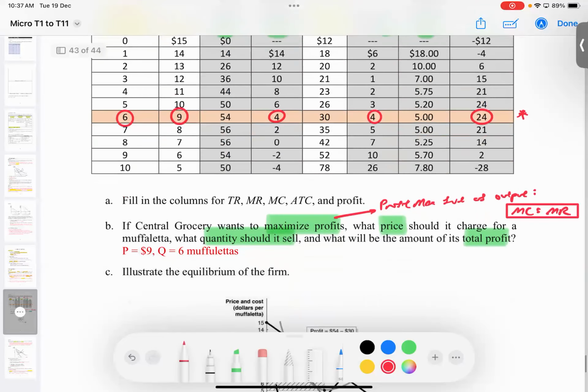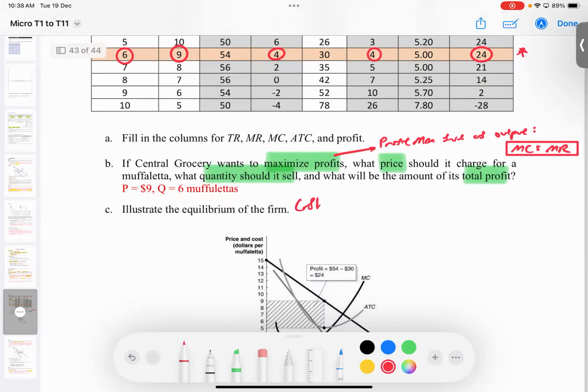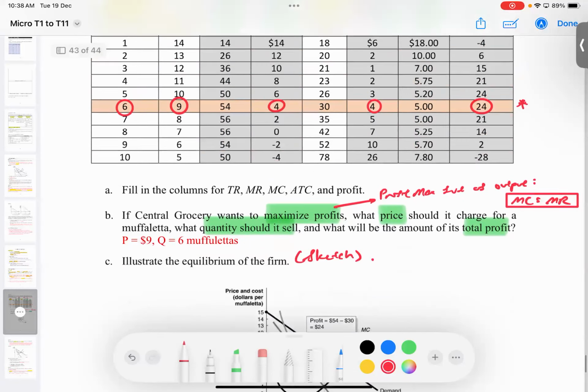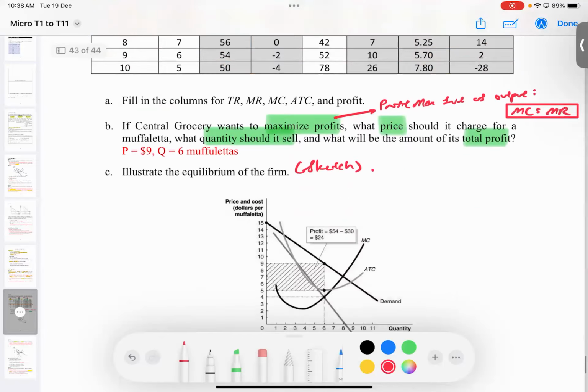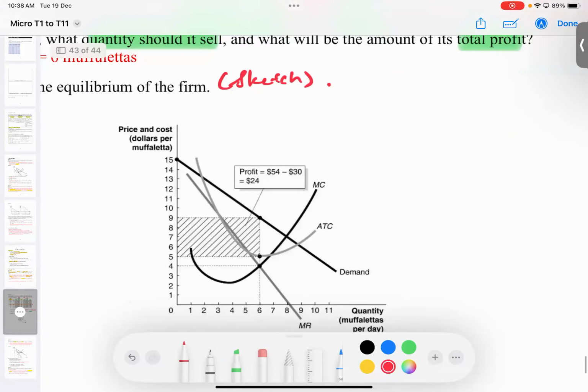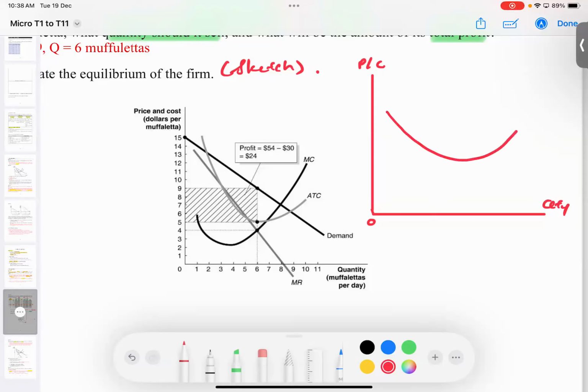Now, the next one is illustrate the equilibrium of the firm. Basically, this is just sketching, just to sketch the diagram and show the profit maximization level of output, same as what we drew. When I say sketch, it means you draw your y-axis, x-axis, origin, price or cost, and quantity. Then you have average total cost and marginal cost.